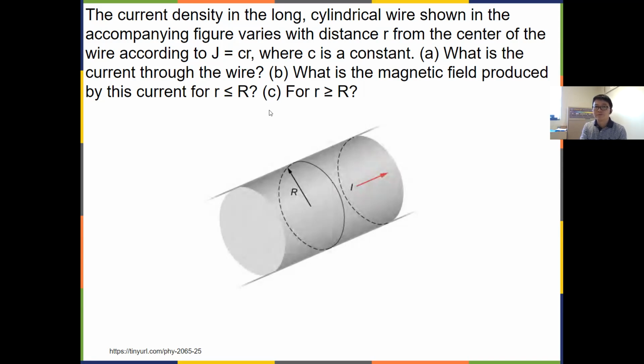What's the magnetic field, for inside the cylinder and outside the cylinder, those two scenarios? This one is similar to the previous example, but now the current density is changing. It's not constant. We'll do the same procedure as we did for that one, but now the current is changing.